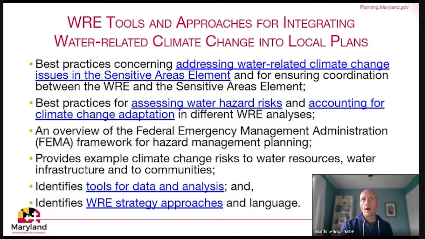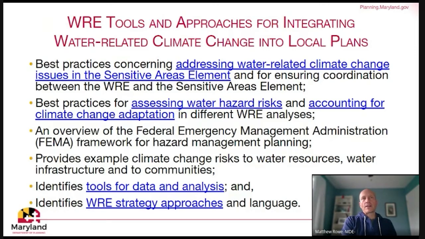Sensitive areas can be wetlands, things like that are more prone to flooding, and there's certainly overlap between sensitive areas elements and the water resources. So think about that and maybe the climate connections between those two areas as you're updating the WRE. And again, we have some additional language and tools that can help you with that.